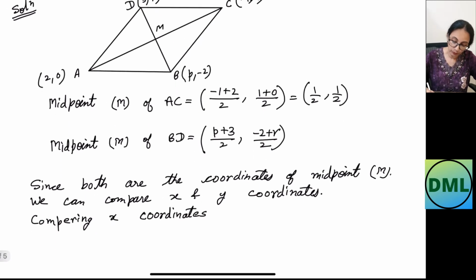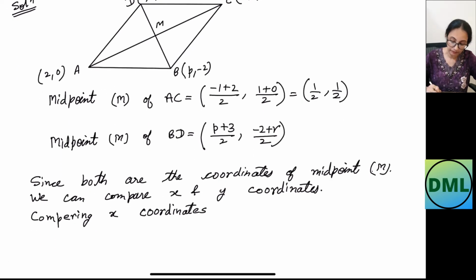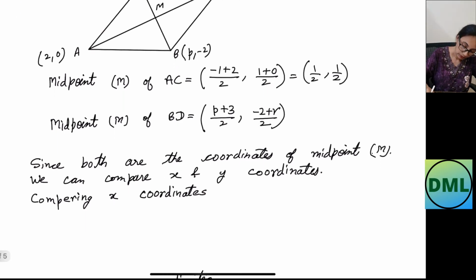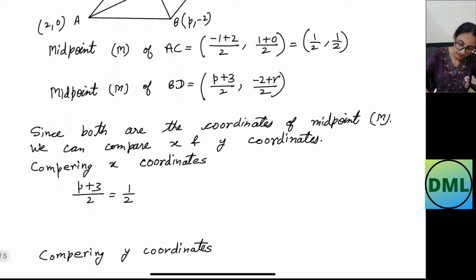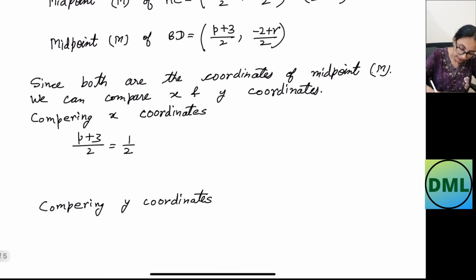Now, since both are the coordinates of the midpoint M, we can compare the x coordinate and the y coordinate separately. Now comparing the x coordinate, we have p plus 3 by 2 is equal to half. Let's solve that. I will multiply the full equation by 2.